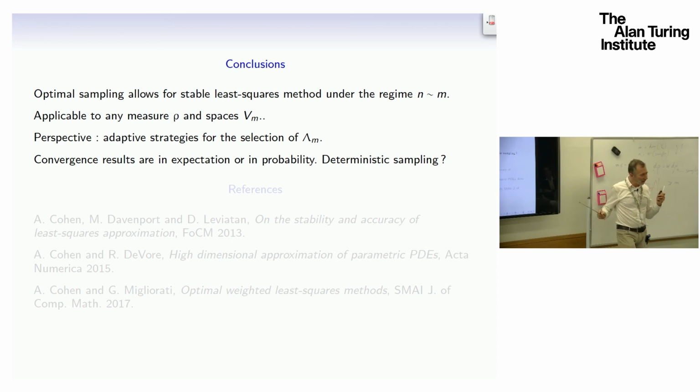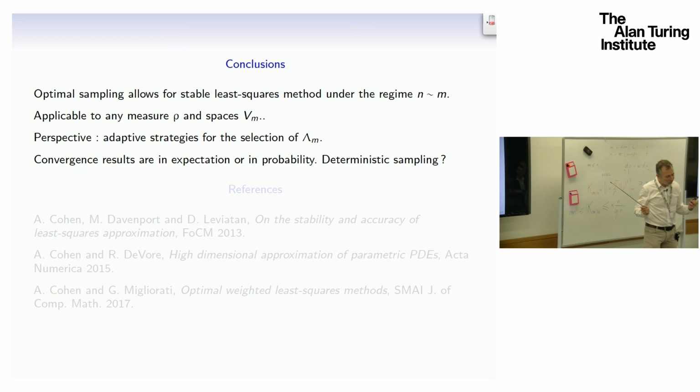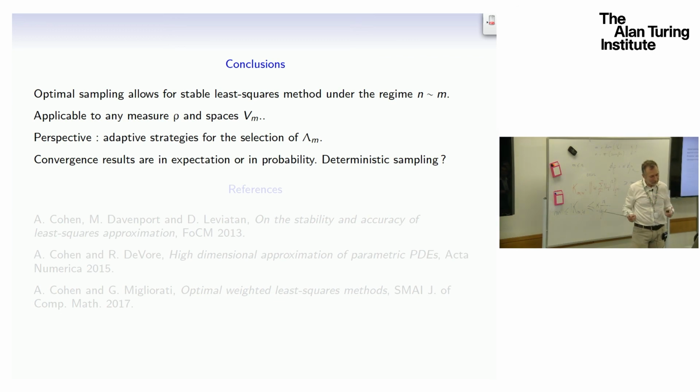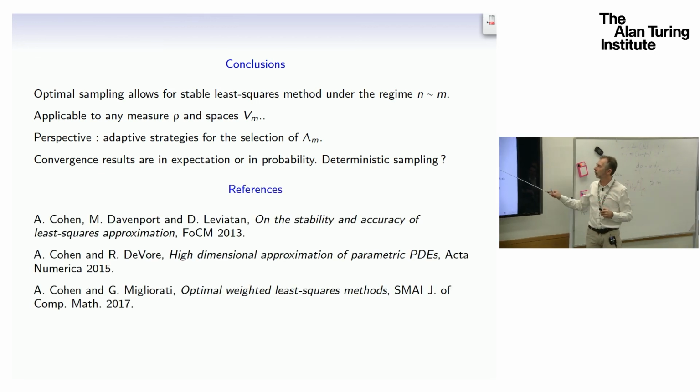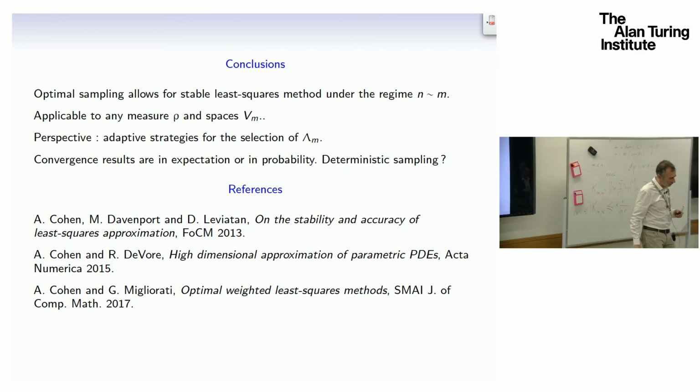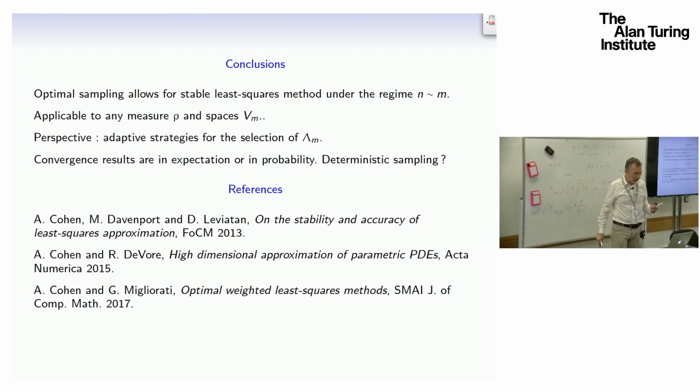As I said, I don't really know how to give a deterministic counterpart to these results. These are some references. This is the first paper that we wrote on that, and this is a general reference for these approximation results for high-dimensional parametric PDEs.